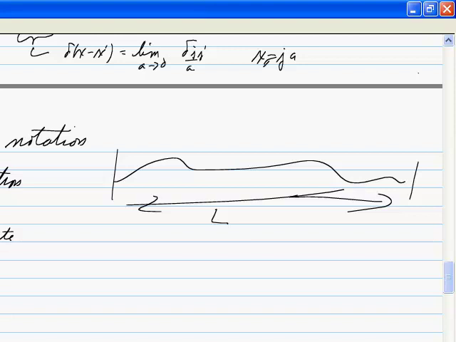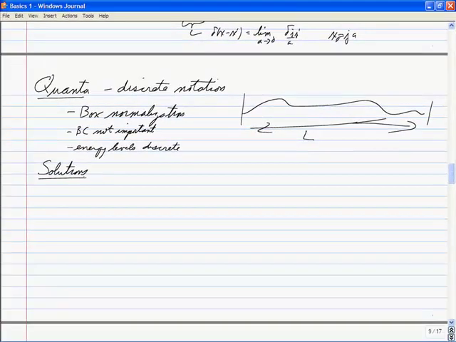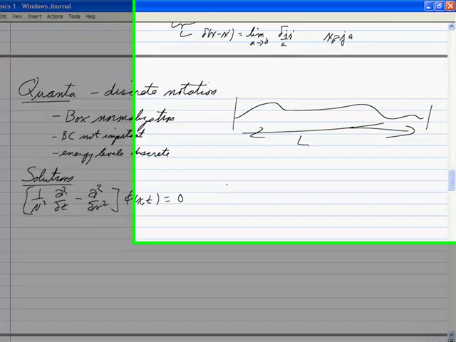So we want to find the solutions. Well, it's sines and cosines, so we have (1 over v squared d squared dt squared minus d squared dx squared) phi of x and t. Those are going to be our fields. That's equal to 0.